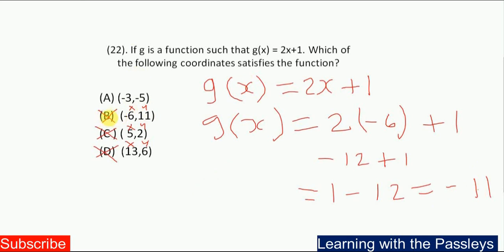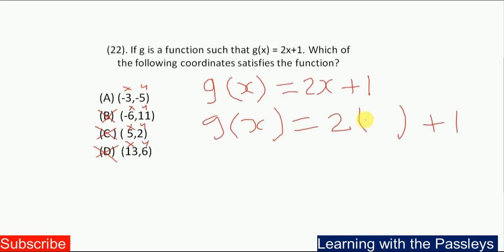we will have to get rid of this option. So let us move on to A. Since we eliminated these three options, we know that the answer must be A. So let us use A in this function. We know that the first number represents x and the second one represents y.